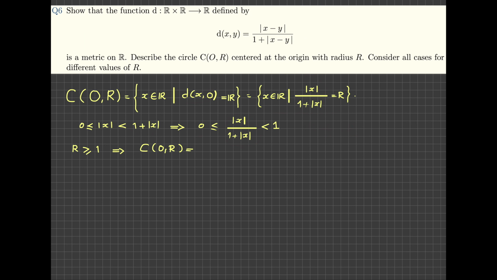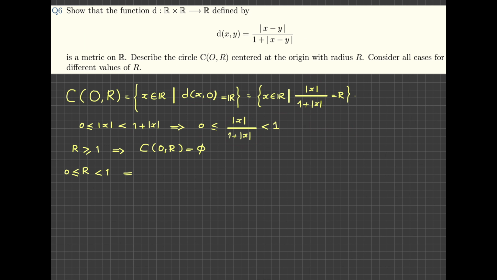Okay, so then what happens if R is equal to 0 or greater than 0? We can consider both in one case, yes? So what happens if R is greater than or equal to 0 and less than 1?